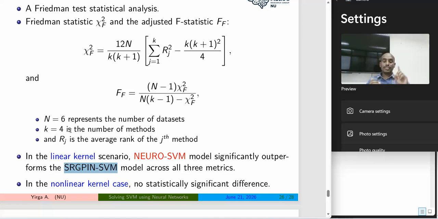So there is a statistically significant difference between the neurodynamical model and the smooth rescaled generalized pinball SVM model. With the remaining 2 models, there is no statistically significant difference. Actually, our model wins against the other models too, but statistically it is not significant.